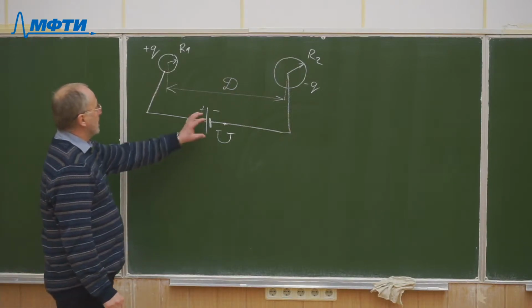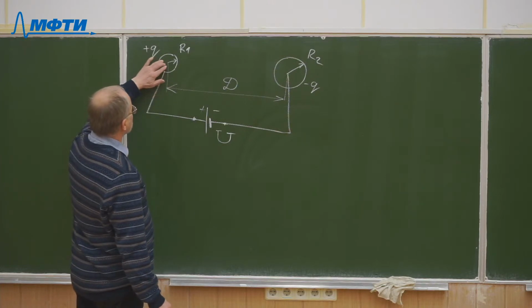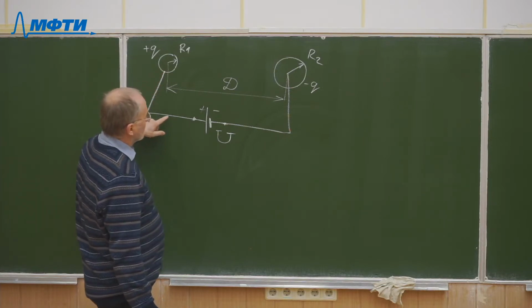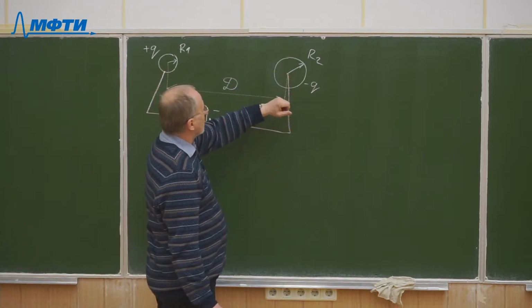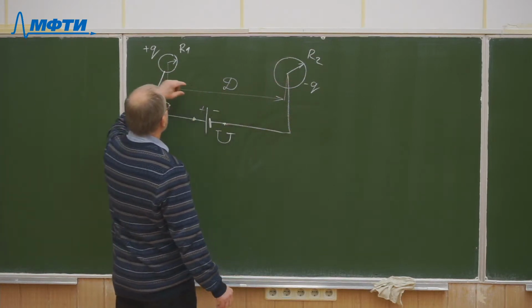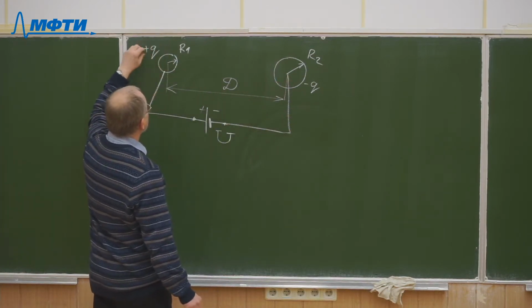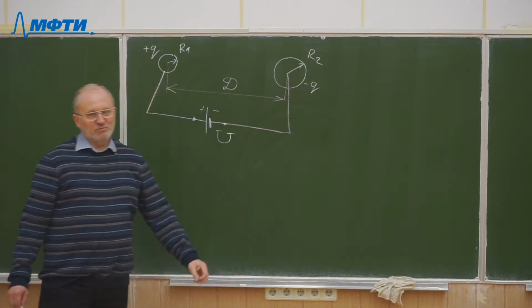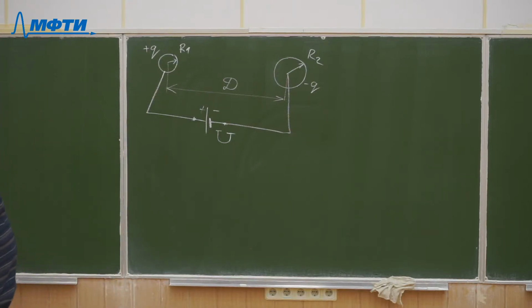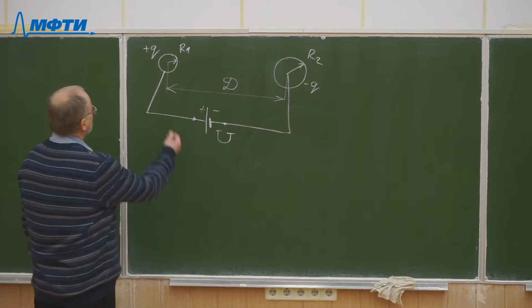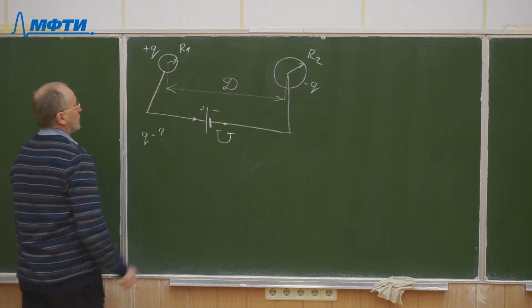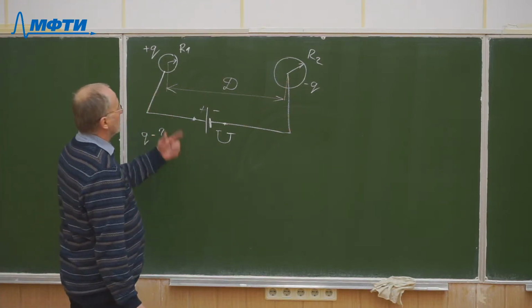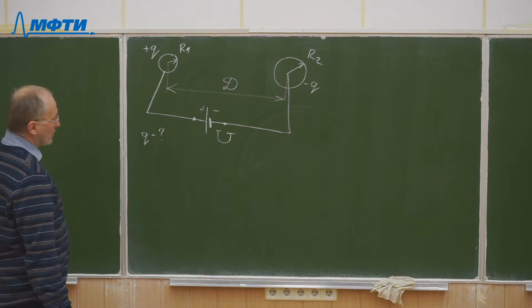Because the battery will take a huge number of electrons from this ball, and carry these electrons to another sphere, so that if the charge on the left ball is plus Q, then the charge on the right ball will be minus Q. The charges are equal in magnitude, but opposite in sign. So we have to find this Q, what charge will be carried by each of these balls, if we know the radii of the balls and the distance between them.